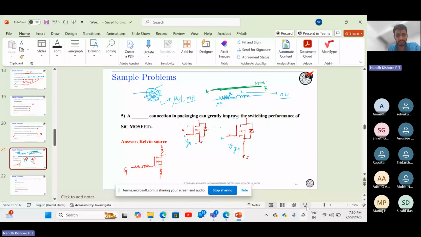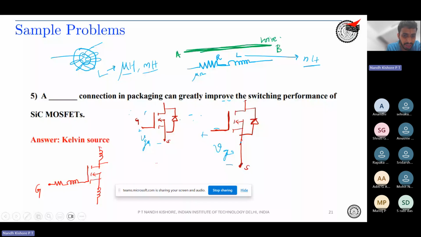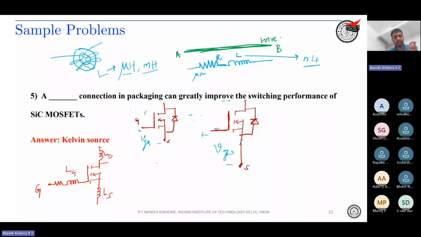Intrinsically, there will be some LD, some LS, and some LG. So there will be some gate inductance, some drain inductance, and some source inductance. These are called parasitic inductances, as in you don't want them to come. They are like parasites. You didn't design those inductances, they are inherently coming.